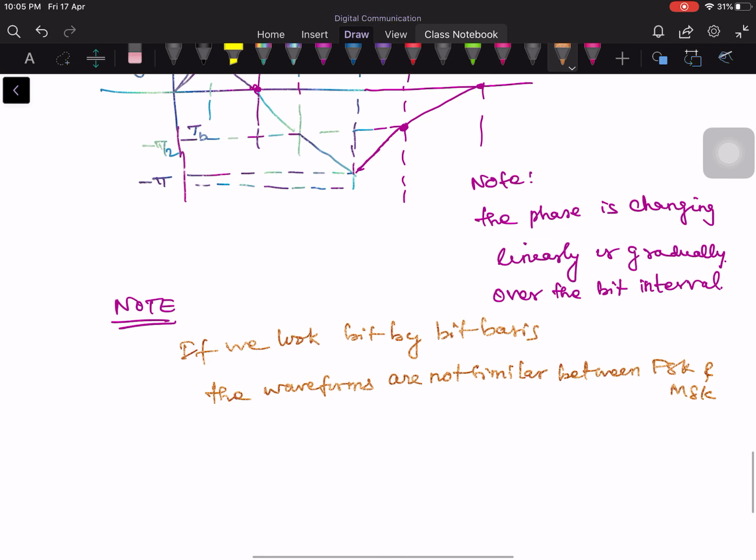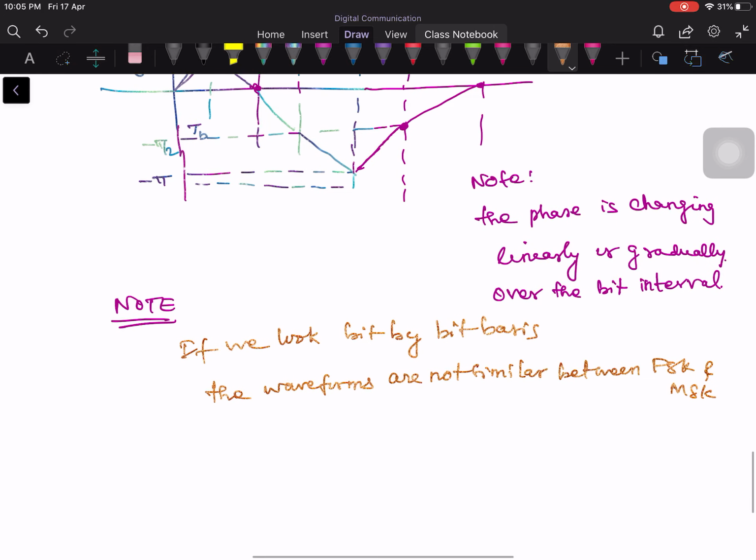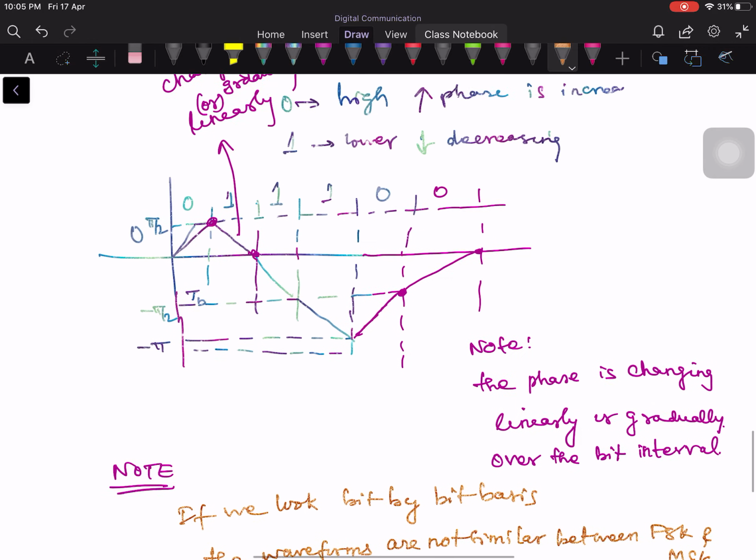That means the demodulator that you design for FSK cannot be used to demodulate the MSK waveform. Similarly, the demodulating circuit which you designed for MSK cannot be used to demodulate the FSK waveforms. So these are the important points that we need to remember.